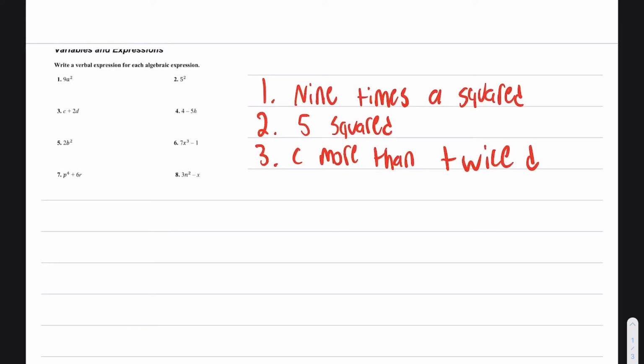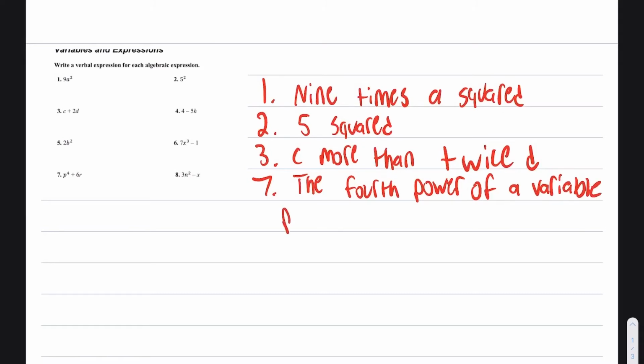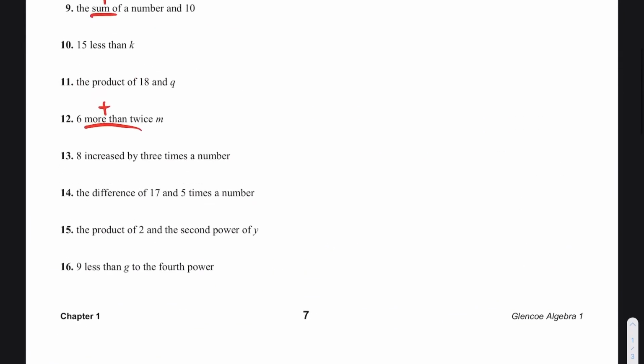Okay, I'll do 7. That would be the 4th power of p more than the product of 6 and r. Because product means times. Oh, okay.